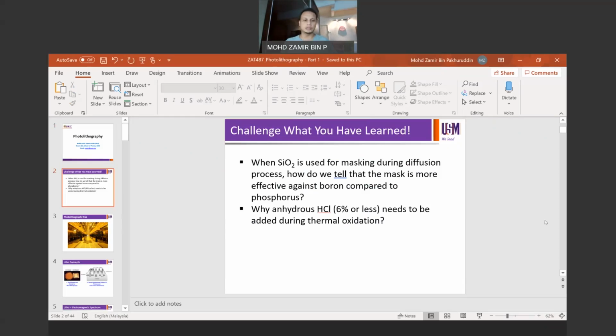And the second one is: why do you need to use anhydrous hydrochloric acid, 6% or less, incorporated during your thermal oxidation process? What is the role of this incorporation, and what is it doing during the process?